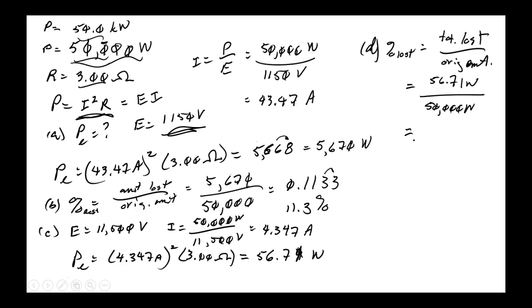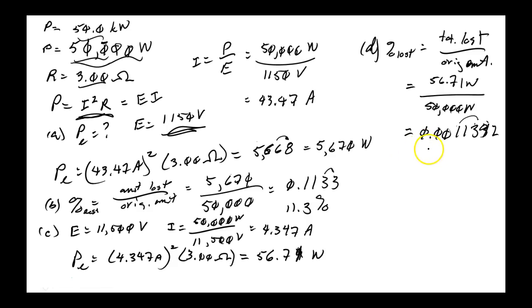A pretty small number. 0.0011 or something like that. Is that right? 0.001133, 42, okay. Well, you count 3 digits, look to the right, 4 is still less than 5.